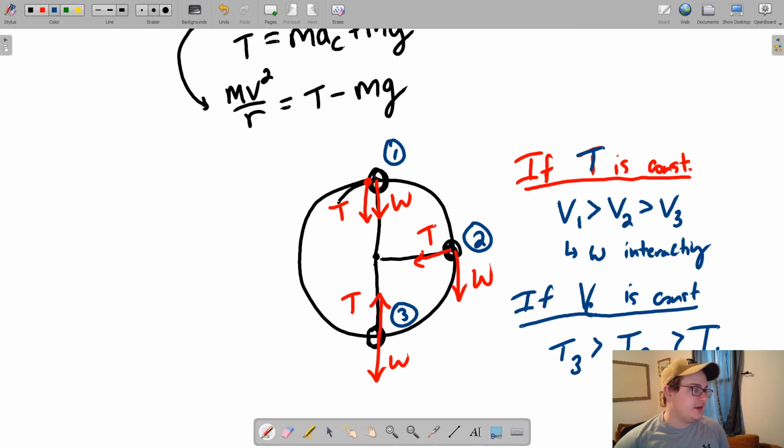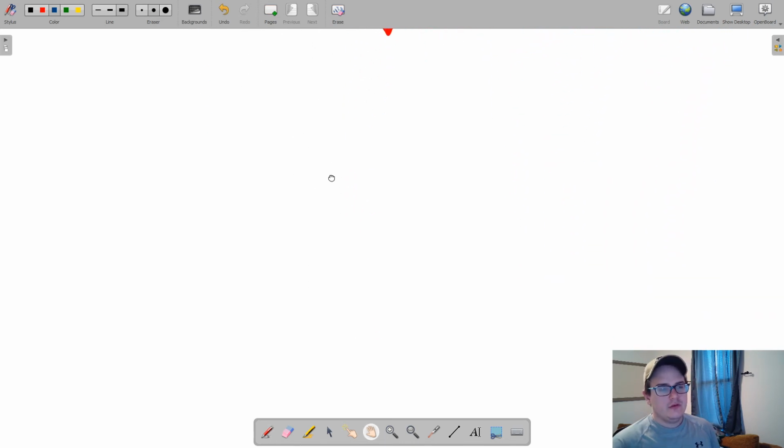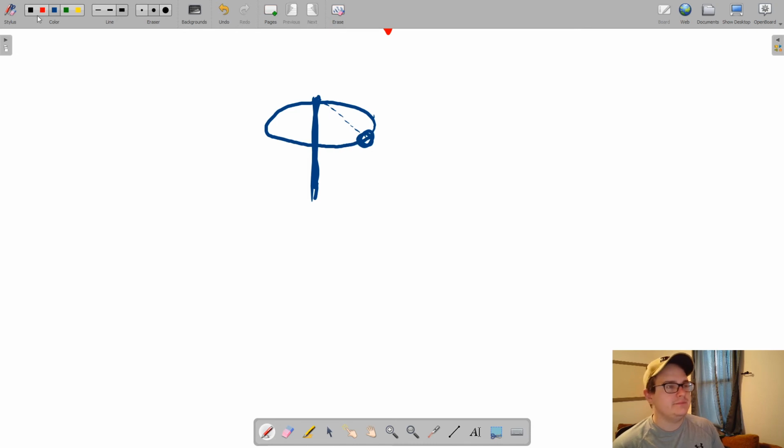Now, what happens if I start tossing this around in a horizontal plane? So, for example, like a lasso above my head. So I'm going to scroll down here a little bit more. And so if I've got a string, and this object is then going in a circle around a center plane. Let's see if I can do this just a little bit better.